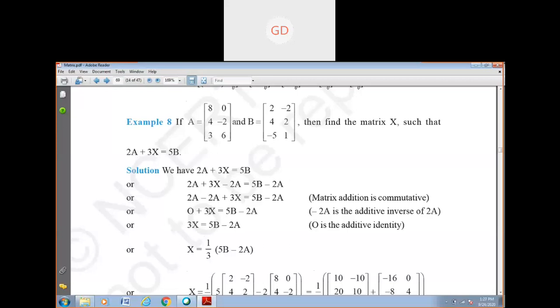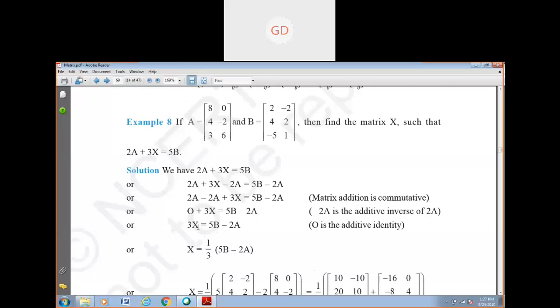When you add a zero matrix to any matrix, it remains the same, because all the elements are zero, and whatever elements are there just remain. Thus thrice X, the X-containing term, remains on the left hand side, and the right hand side will be 5B minus 2A.